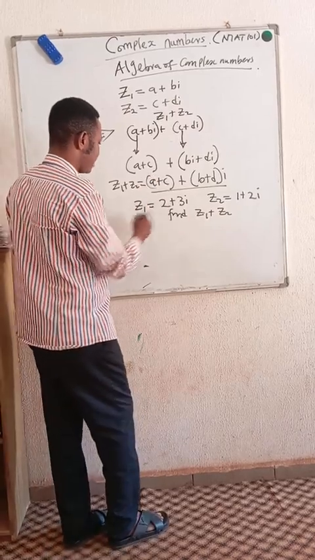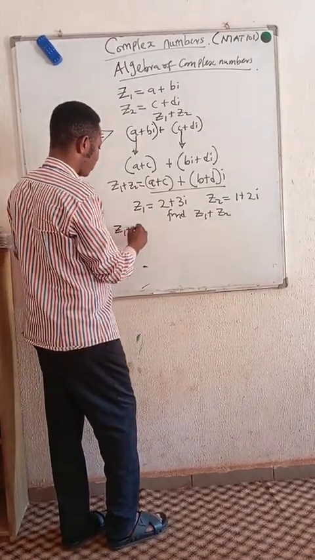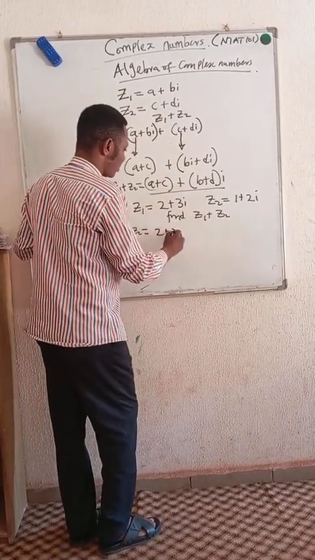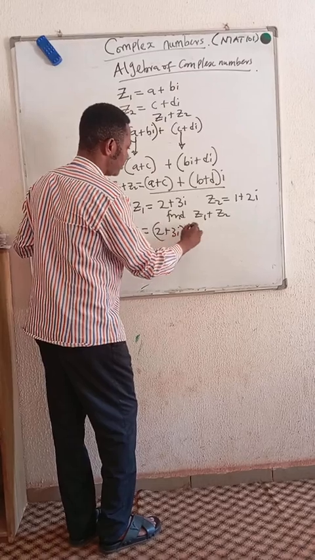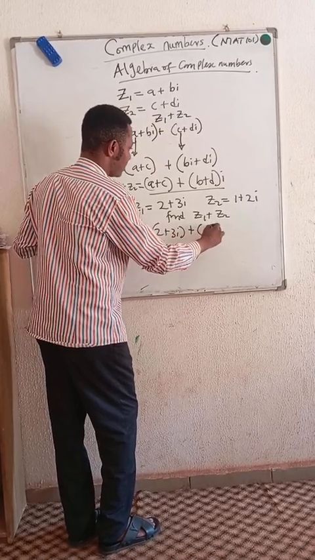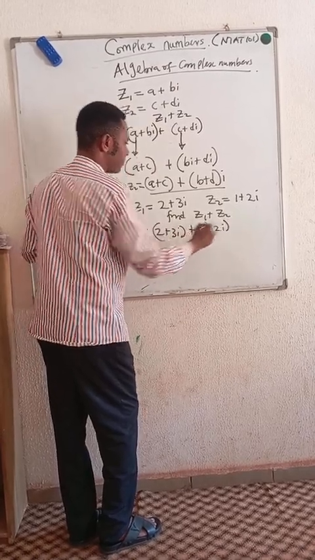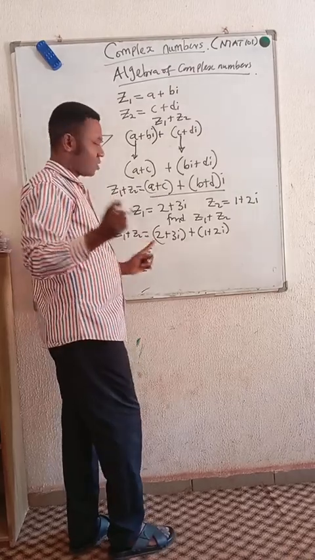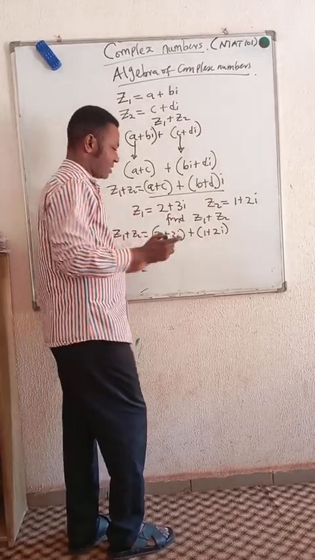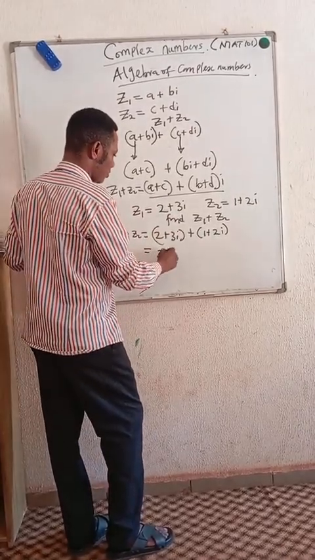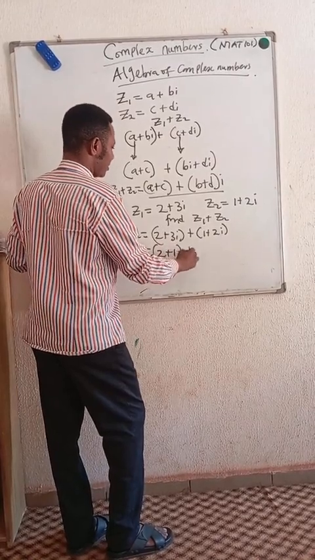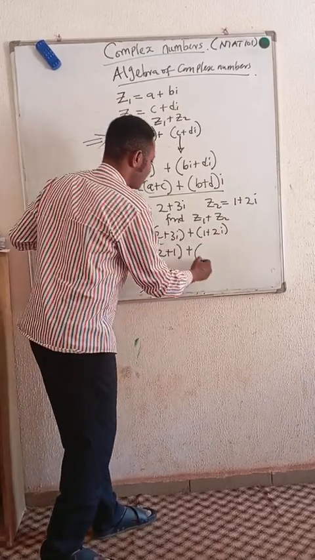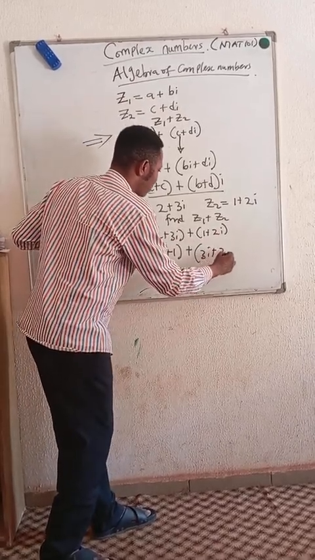Now let's add. z1 plus z2 will be equal to 2 plus 3i plus 1 plus 2i. Mind you, we add up the real parts first. It's going to be 2 plus 1. Then the imaginary parts, 3i plus 2i.